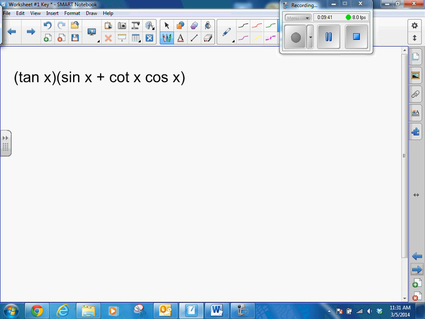Tangent times the quantity sine plus cotangent times cosine. In that second set of parentheses, how many terms do you technically have? You only have 2. This is the same thing as if I had 2 times 5 plus 5x.